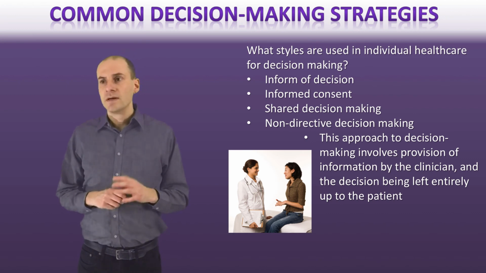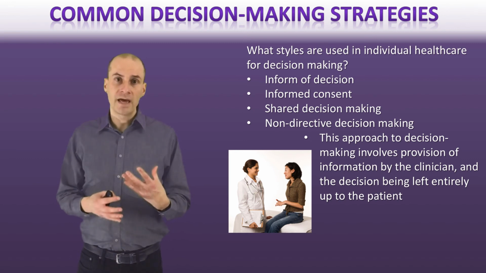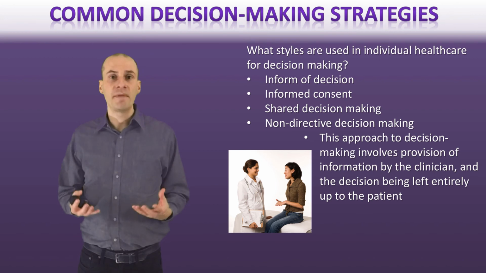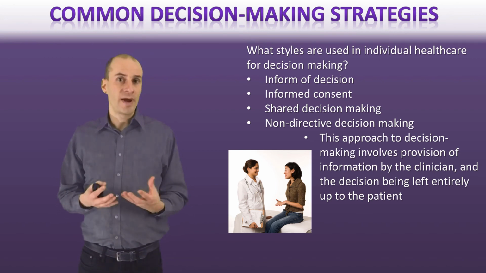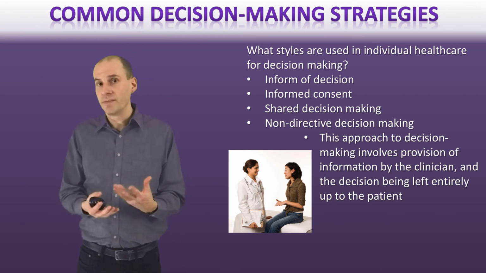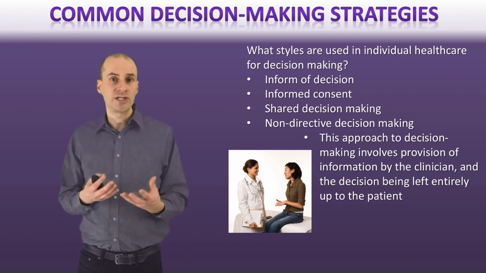All right. So we've talked a little bit about how you communicate about risk. And part of communicating about risk is to help people to actually make good decisions. So there's a range of different ways that we can help people take risk and health information and make a decision about it. Now, in healthcare, these different strategies have different names.